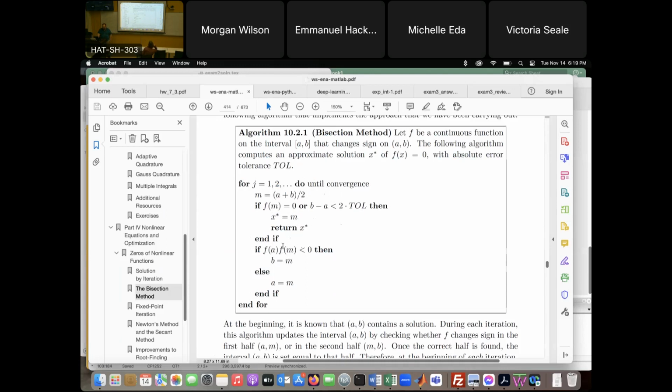Now I'm working on the interval a through m, which is the new AB. Otherwise, if this product is not negative, then f(m) and f(b) must have opposite signs, so I change the left endpoint of my interval. Then the iteration continues, eventually converging.